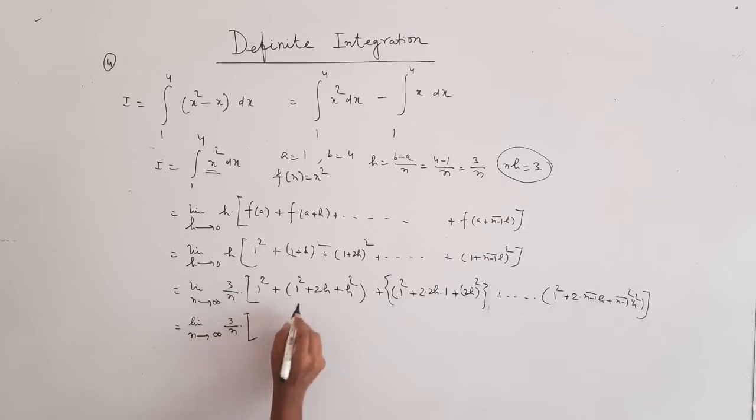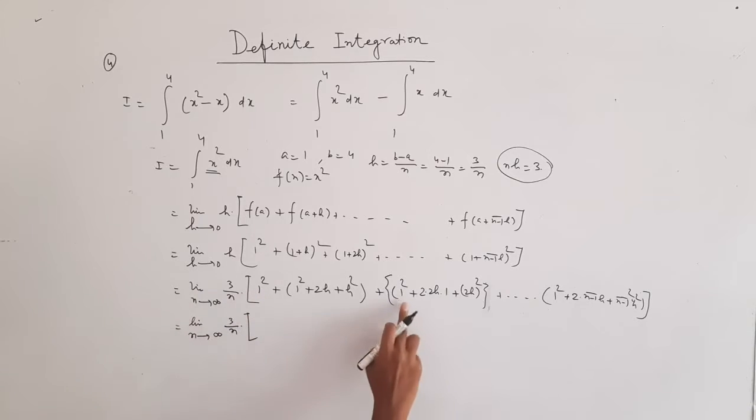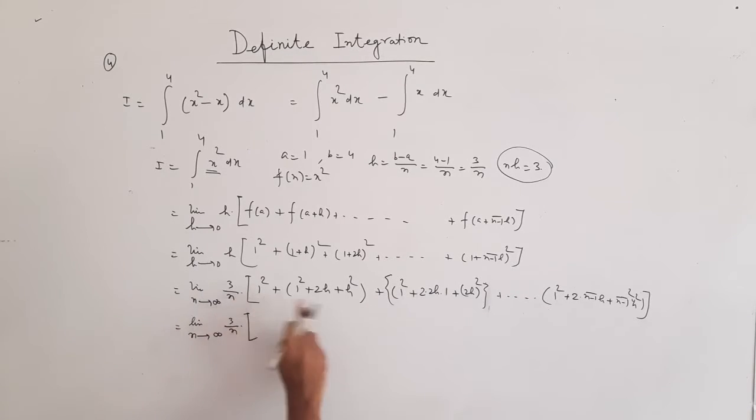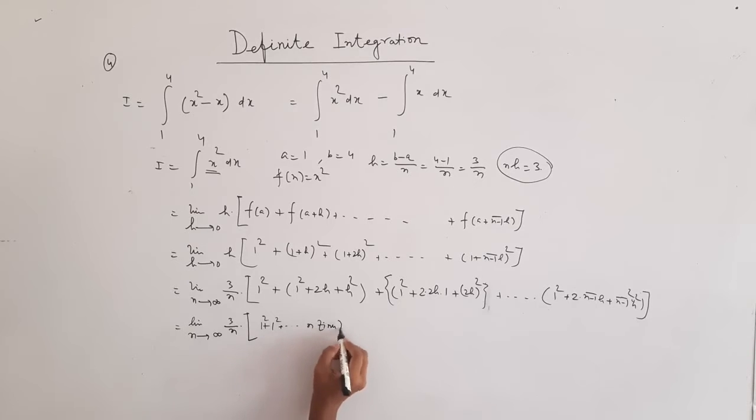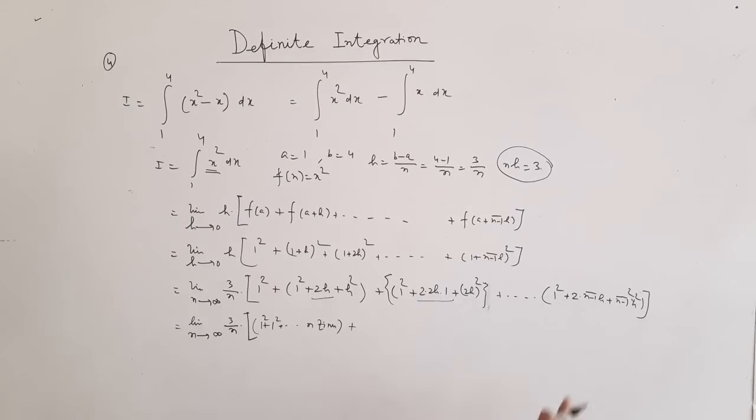Now just look at the first terms of each bracket. There are n brackets: 1 term, 2 term, 3 term, n terms. So 1 square is 1, plus 1, plus 1, and so on. You have 1 plus 1 plus 1 plus dot dot dot, which you can write as n times. Got it? Now the second one is 2h, the middle term. Here there is just n minus 1 of them.